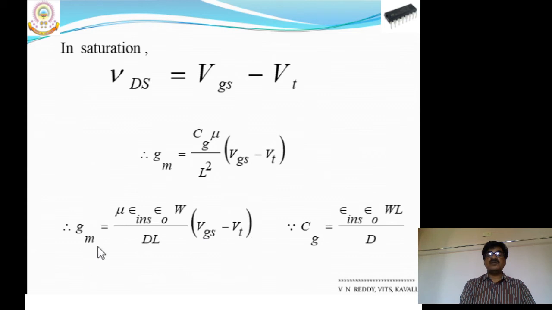So the gm value is directly proportional to the width of the channel and inversely proportional to the length of the channel. This shows on which parameters the gm value depends. So remember this formula for gm in the saturation region.